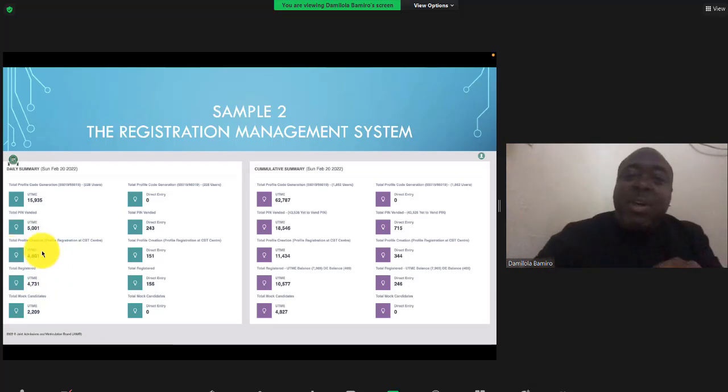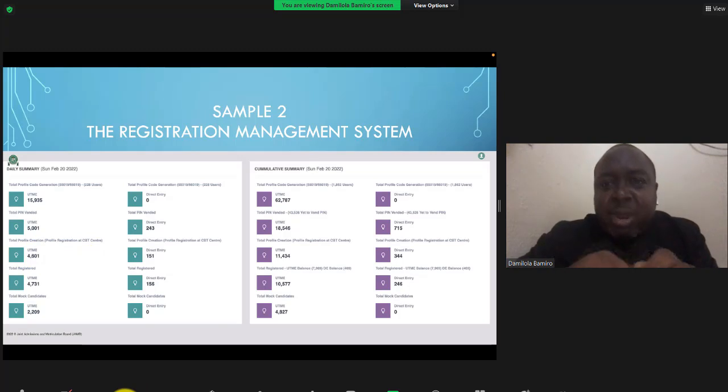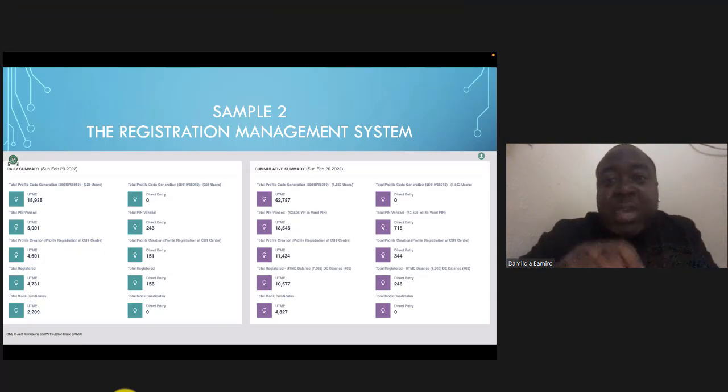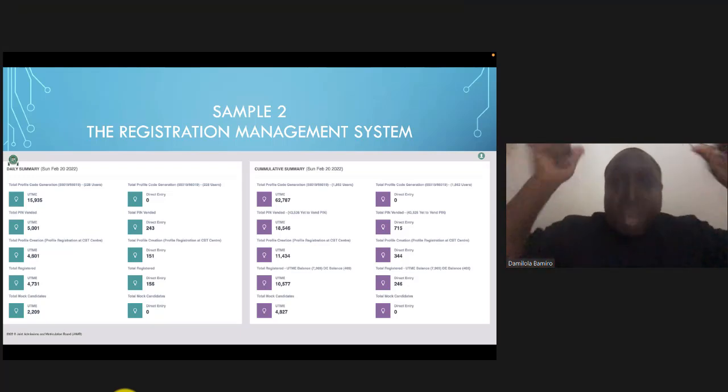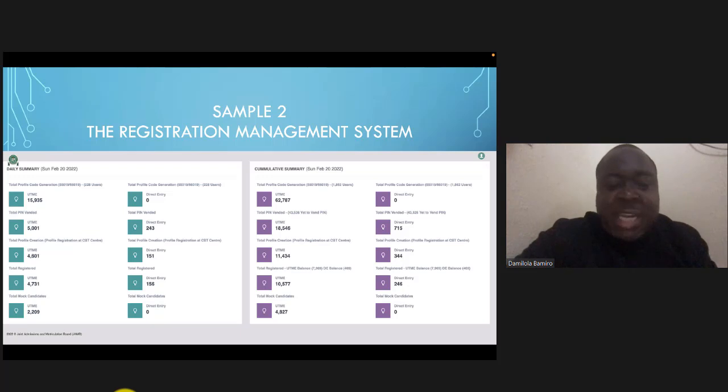Because the moment you enter a student's unique code, his profile code, to begin his registration, what's your name, picture, let me capture biometrics, he sends a signal to our dashboard saying we've begun the registration of this candidate in this place. We want to know how full the centers are. We want to know whether this registration today is slow. We want to know how things are going on.